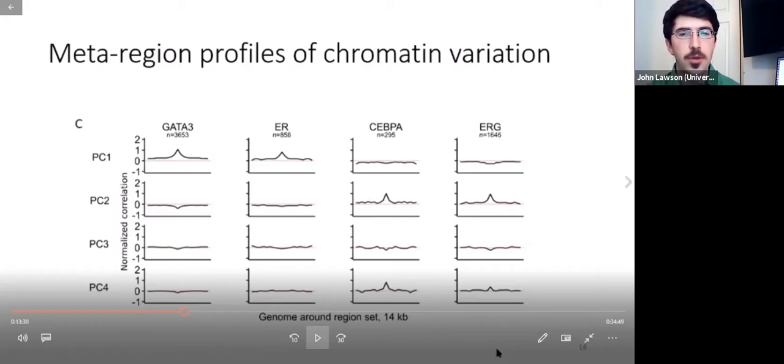It's not perfect because it might not come from the tissue that you're interested in, but a lot of the time it is possible to find a similar tissue or cell type. But it's also possible to define your region sets however you want. So you could use motifs, for instance, and define region sets that way. So it's very flexible.